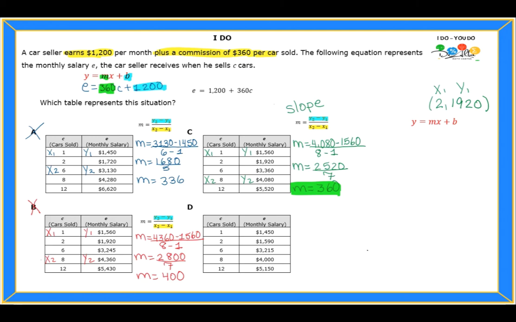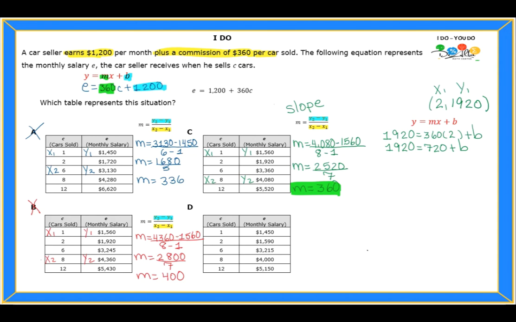And what we're going to do now is replace the values. So y is going to be 1,920. Slope is 360. X is 2 and plus b. Remember, the whole idea is trying to find out if I get 1,200 as an answer, right? So I haven't done anything to 1,920, so I'm going to bring it down. Now multiply 360 times 2, and I get 720 plus b, right?